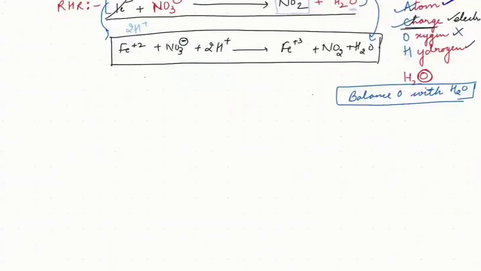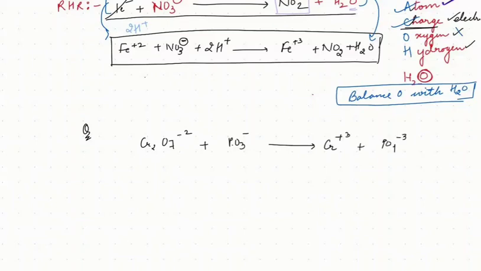Now, let's suppose I give you another equation: Cr2O7 minus 2 plus PO3 negative gives Cr plus 3 plus PO4 negative 3.